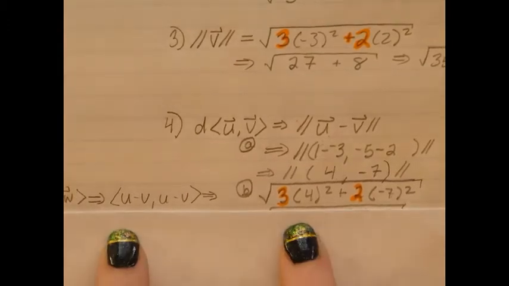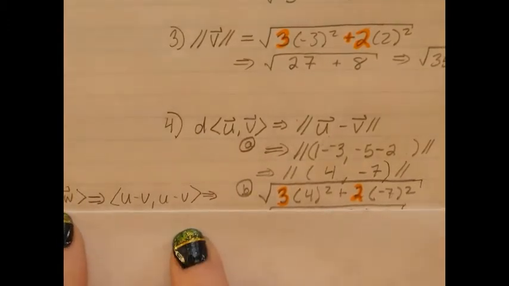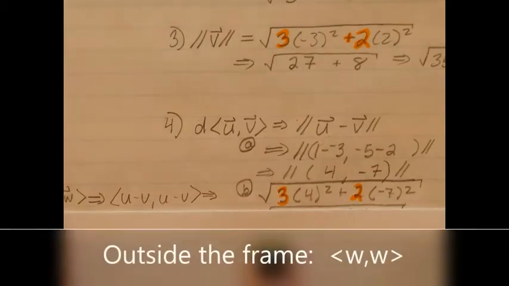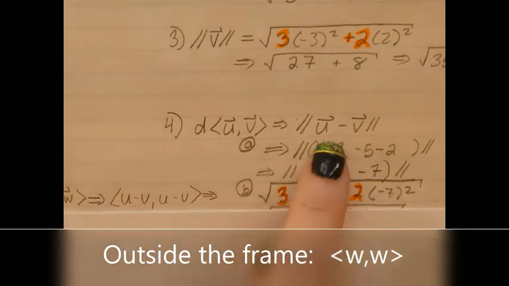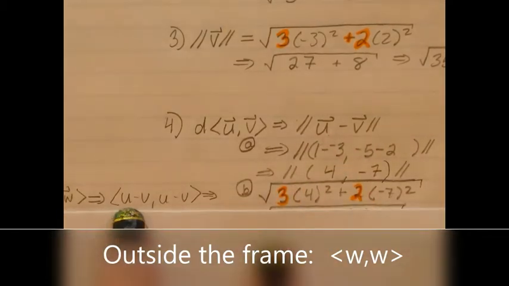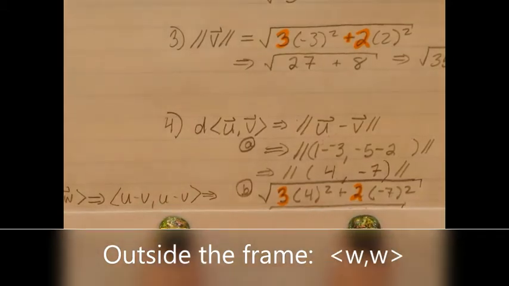Now look what's going on, okay? I want to point this out. Before, we had u and v in here, and that's talking about vector u and vector v. In this case, we ended up with u minus v, and so u minus v goes into both spots because that's the only thing that's going on in here with our vector inner product space.